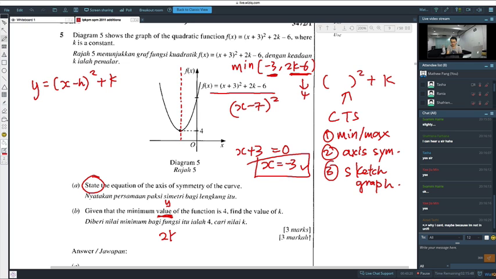So if 2k minus 6 equals 4, then 2k equals 10, and k equals 5. So you have to understand that whenever they say minimum value, it means y.